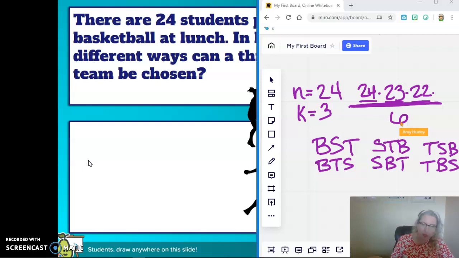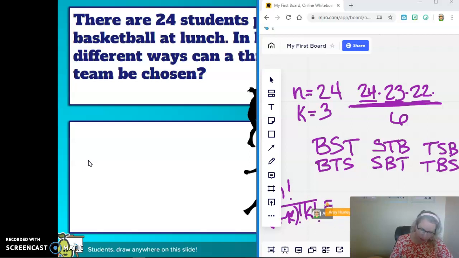This is why we use the combination formula, n factorial divided by n minus k factorial, k factorial. What we're going to do is take 24 factorial and divide it by 24 minus 3, 21 factorial, and also divide by 6. But instead of 6, we're going to write 3 factorial. 3 factorial is 6: 3 times 2 times 1, 6.